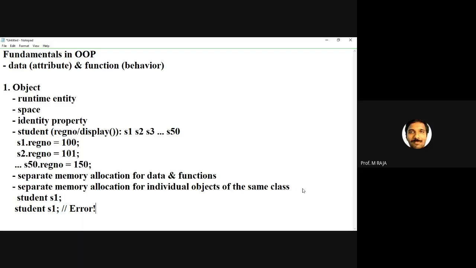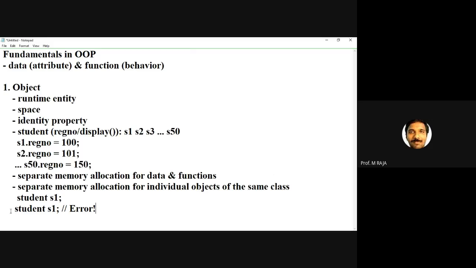So second, we can try student S2. S2 is completely distinct from S1. Student S3. S3 is completely distinct from S1 and S2. Because the memory allocations are also different for these objects, we need to follow the identity property.